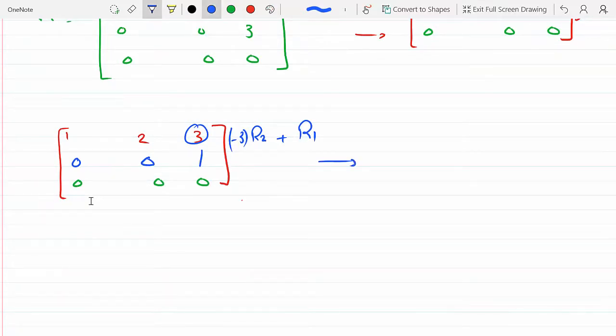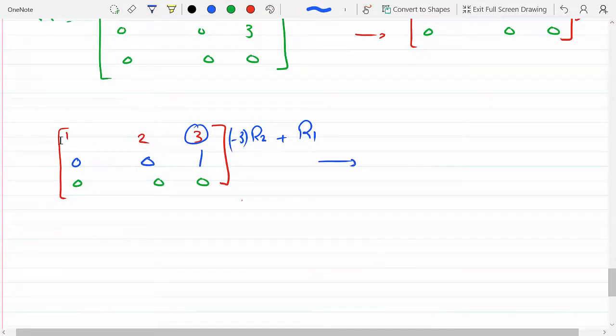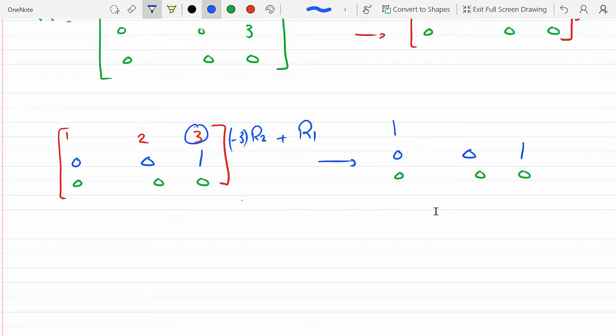If I do that, this will stay a 1, this will be a 2, and the objective is to make this a 0, and it is. -3 plus 3 is 0. So now we are here.